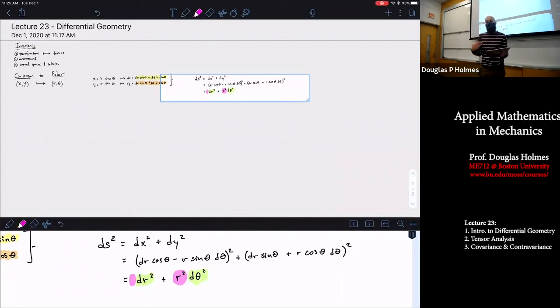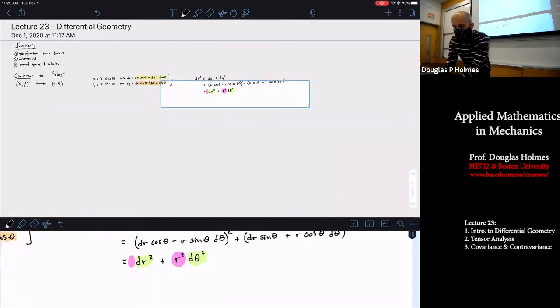We can generalize this by kind of recognizing that we don't need to make our life difficult and carry around all sorts of different symbols here for our differentials. We can just say, well, in my coordinate system, I only have kind of two components.